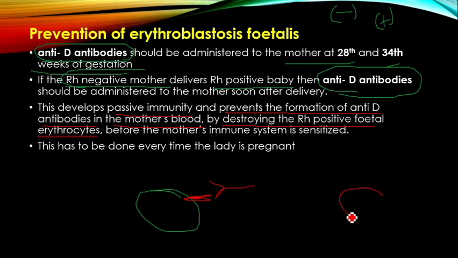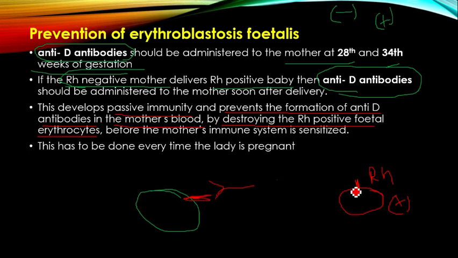See, this is one RBC which contains Rh antigen on its surface, mixed in the mother blood. Fetus RBC mixed in mother blood belongs to positive. Hence, if the mother blood recognizes it, the mother blood will produce Rh antibodies.